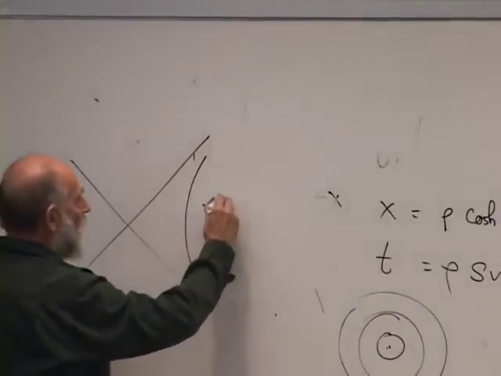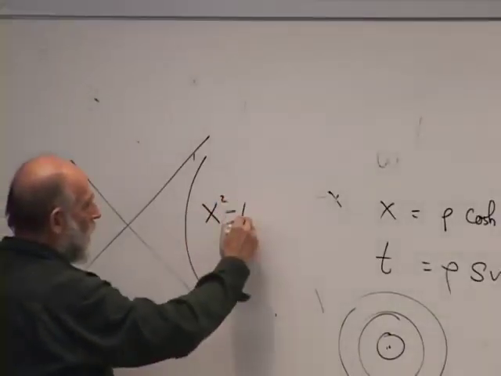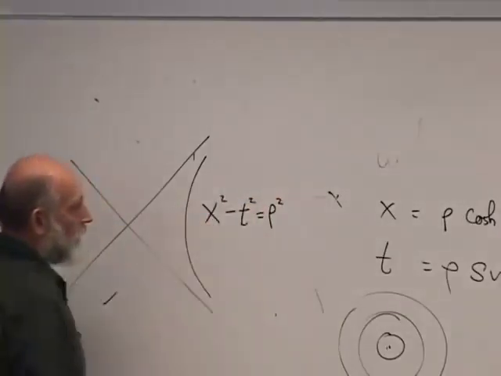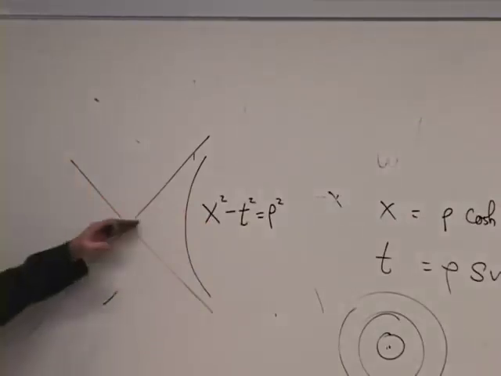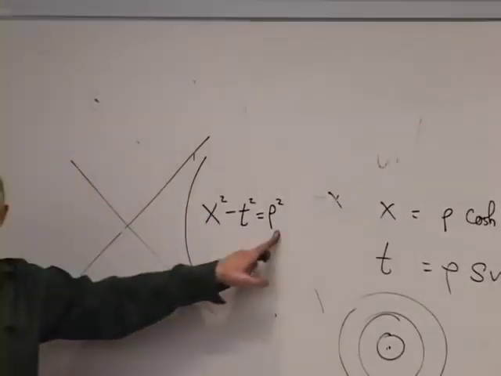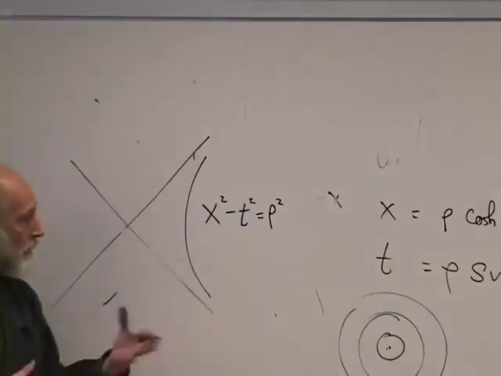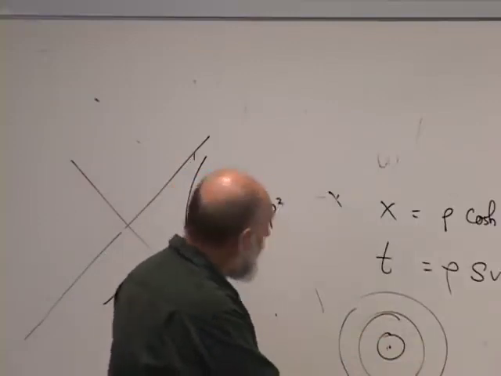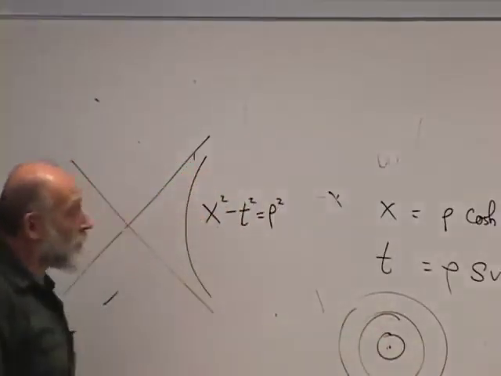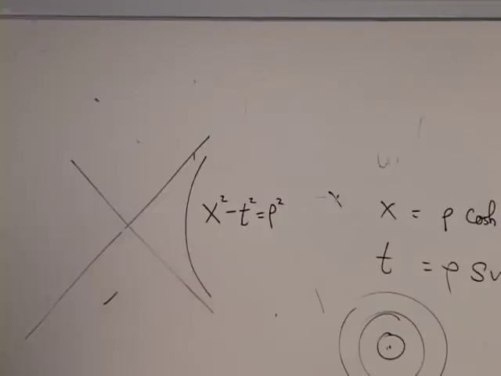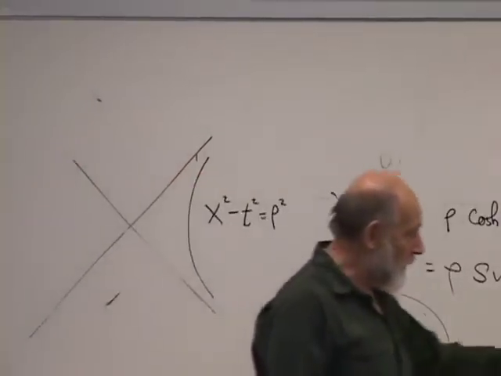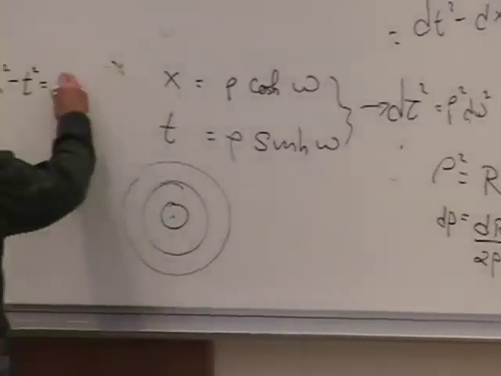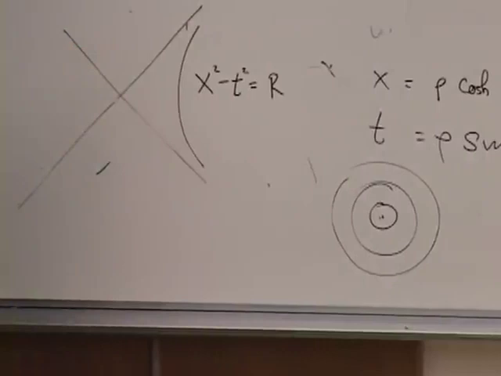It's x squared minus t squared equals rho squared. Each one of these hyperbolas corresponds to a different value of rho. And precisely the same way as for a circle, we would have x squared plus y squared equals rho squared. Here we have x squared minus t squared equals rho squared, which happens to be what I called r.